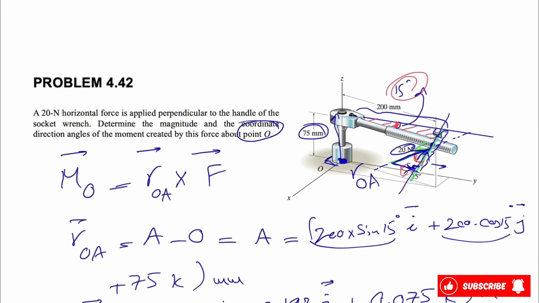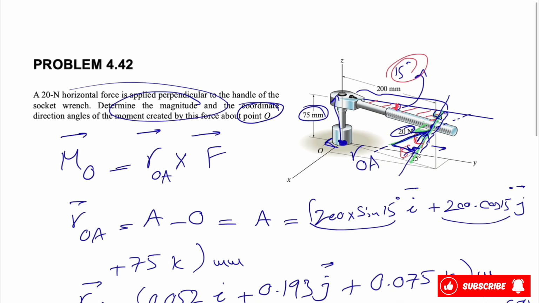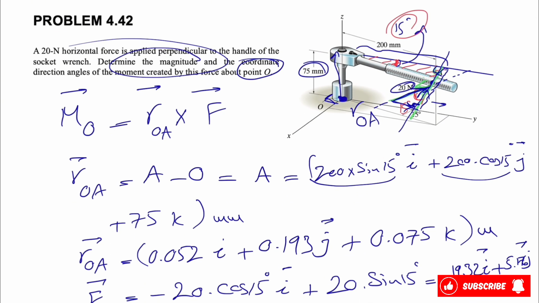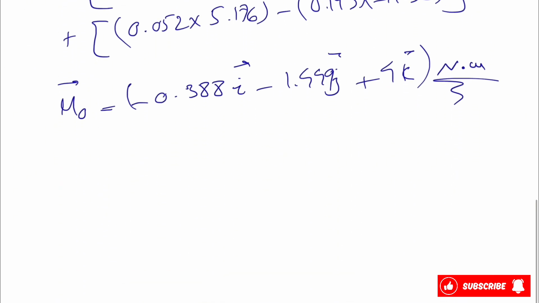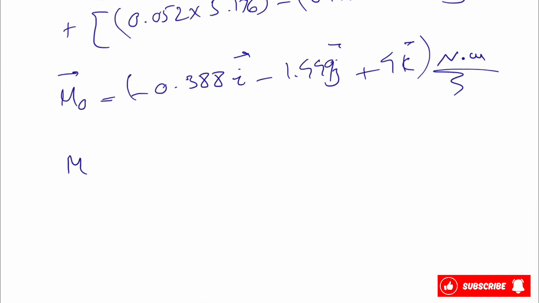So we found the moment in vector form, but the question is asking for the magnitude and the direction angles of the moment. So let's go with the magnitude first.